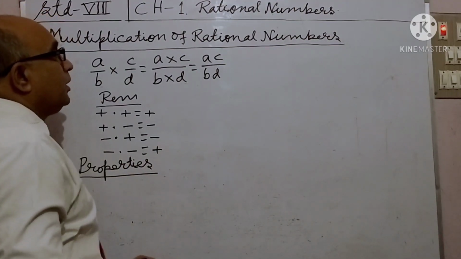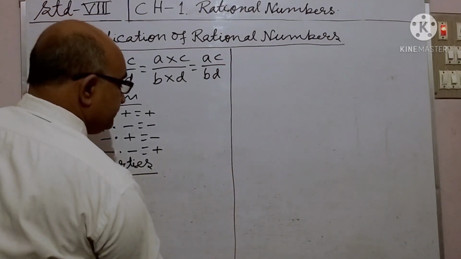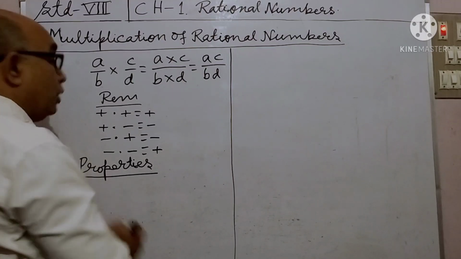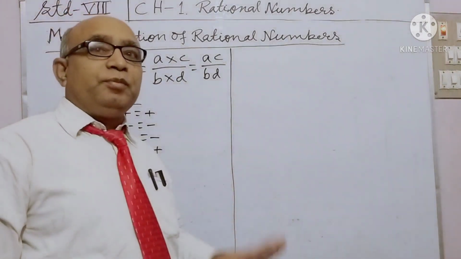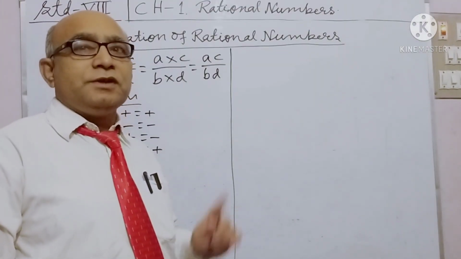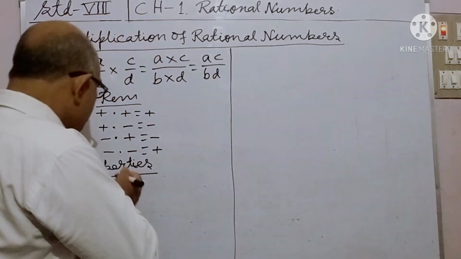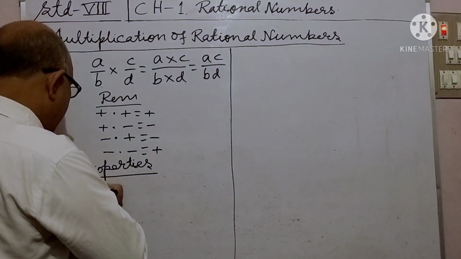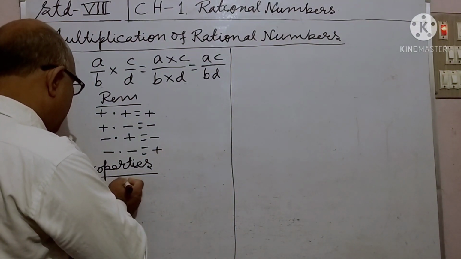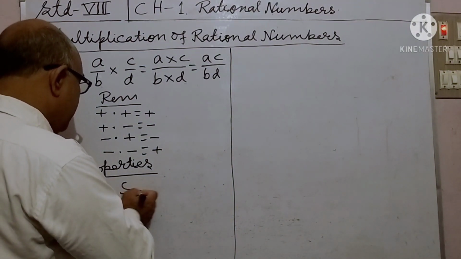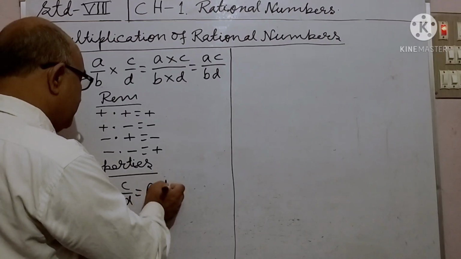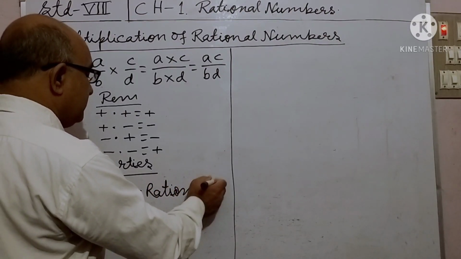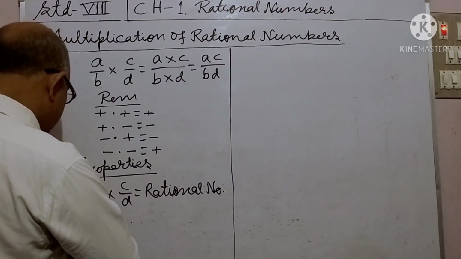Some properties of multiplication of rational numbers. Property 1, closure property. The product of two rational numbers is always a rational number. So it follows the closure property: a by b multiplied by c by d equals a rational number.